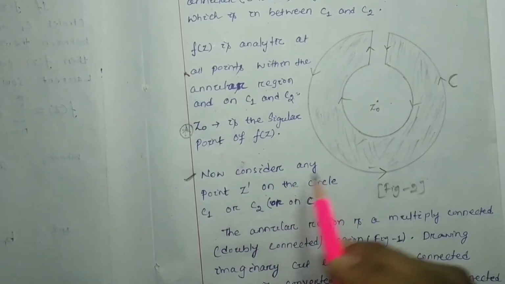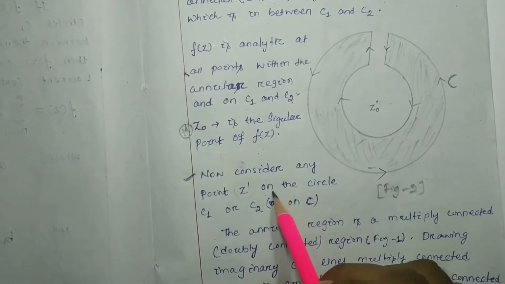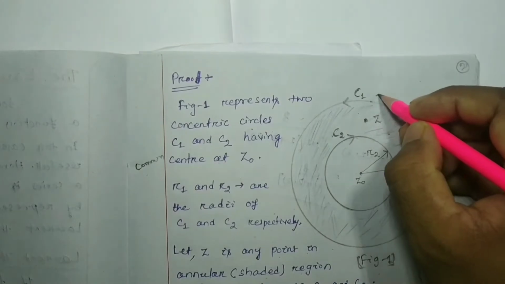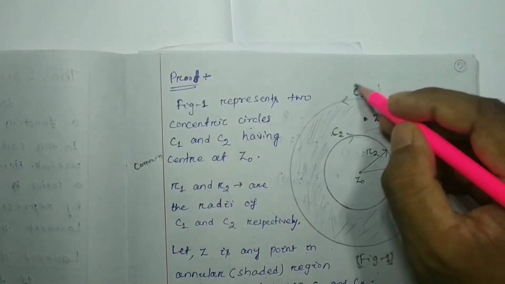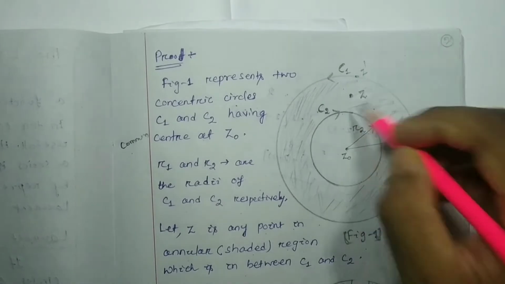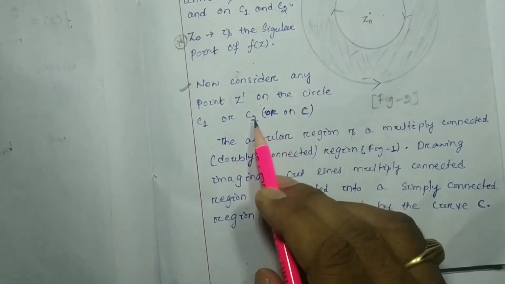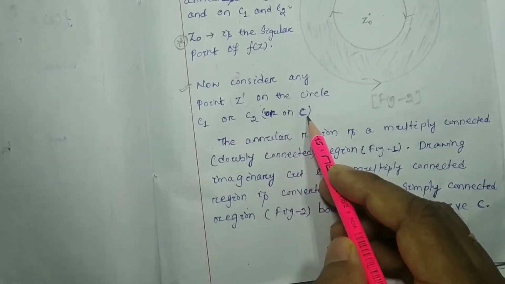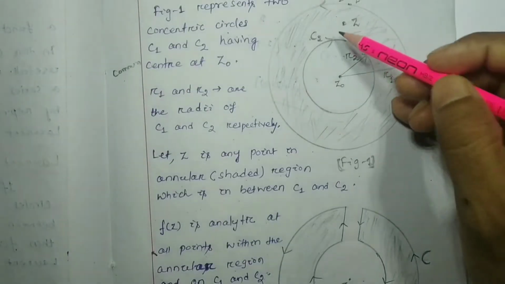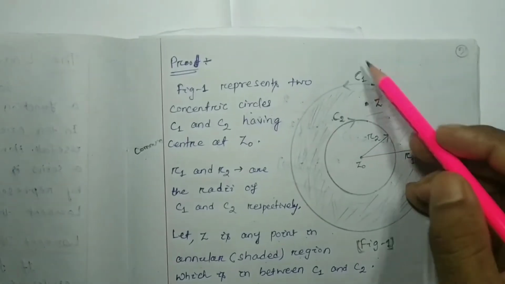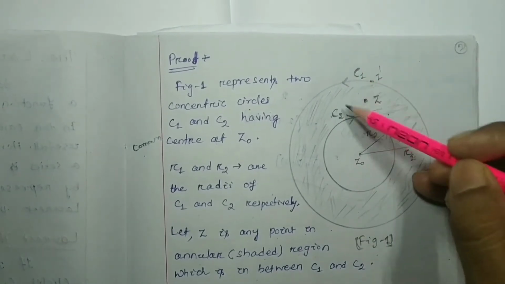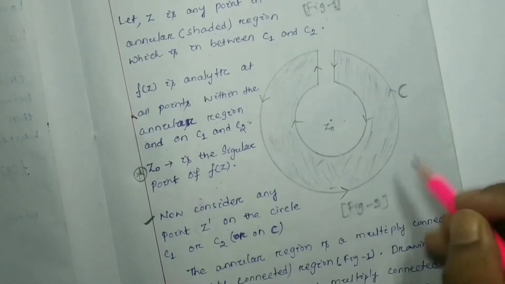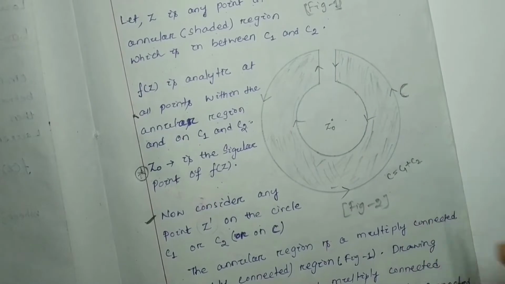Suppose this is your Z dash, either on C1 or on C2, or on C. On C means that if we consider the cross cut, then C is C1 plus C2.